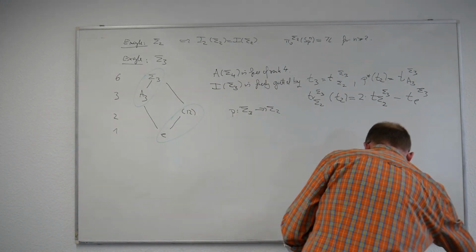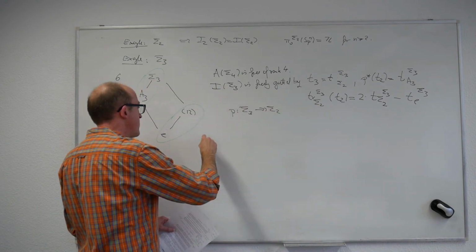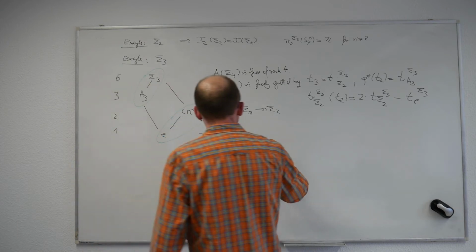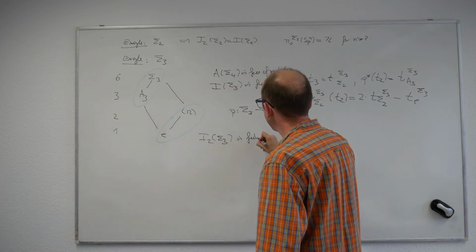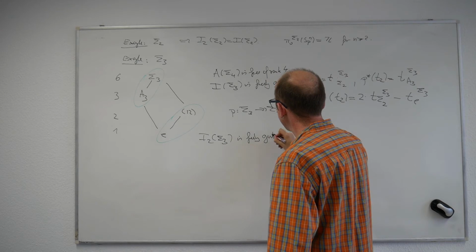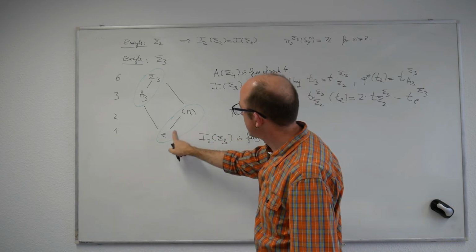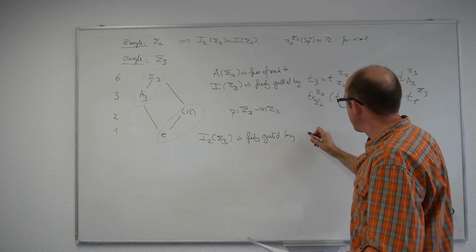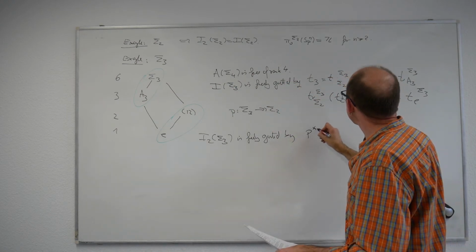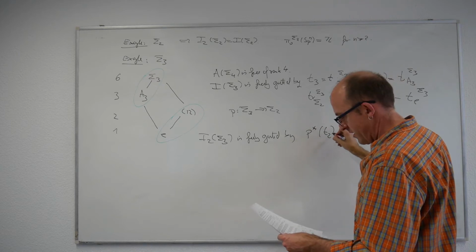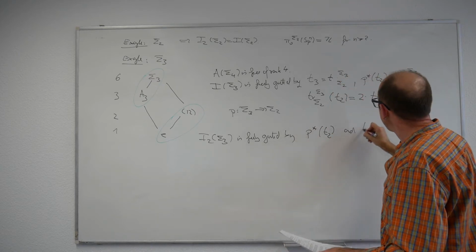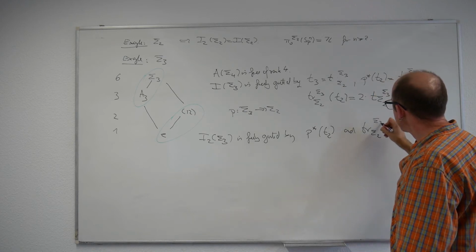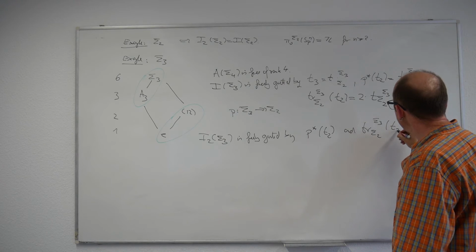So we get out that I2 of sigma 3 is freely generated by 2 elements. The elements that correspond to this index 2 inclusion and to this index 2 inclusion. And this is P upper star of T2, and the transfer from sigma 2 to sigma 3 of T2.